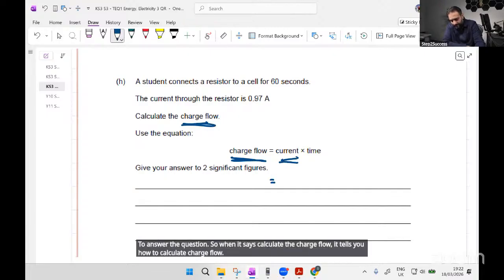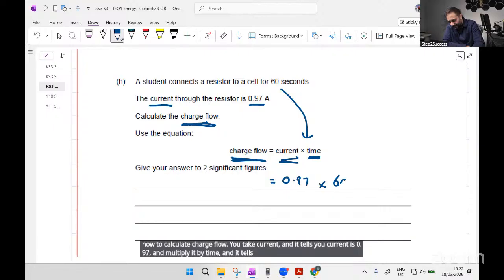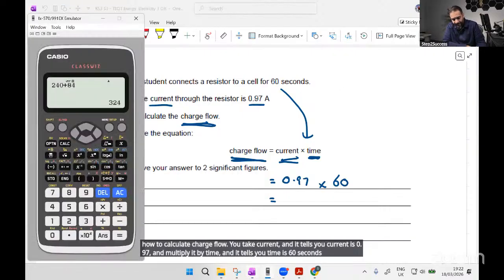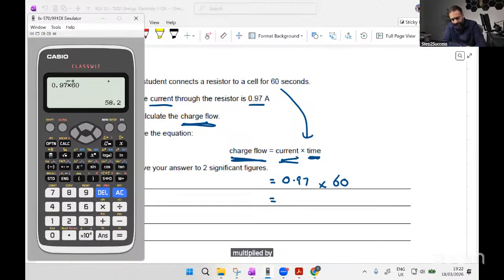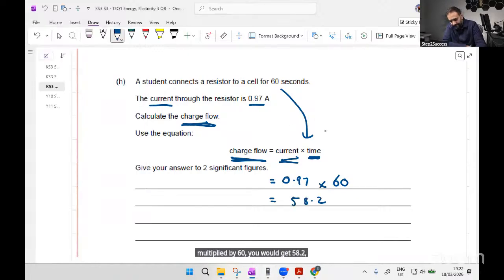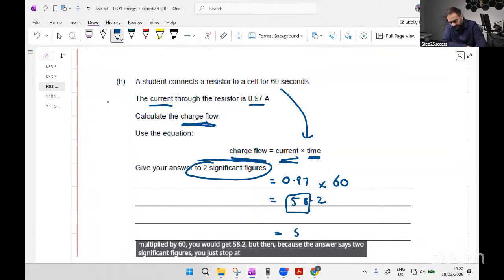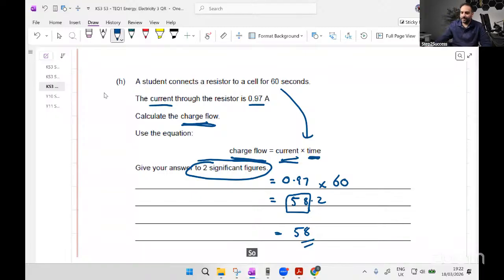You take current, and it tells you current is 0.97 and multiply it by time, and it tells you time is 60 seconds. So you would do on your calculator 0.97 multiplied by 60, you would get 58.2, but then because the answer says two significant figures, you just stop at 58. So 58 is the answer to that question.